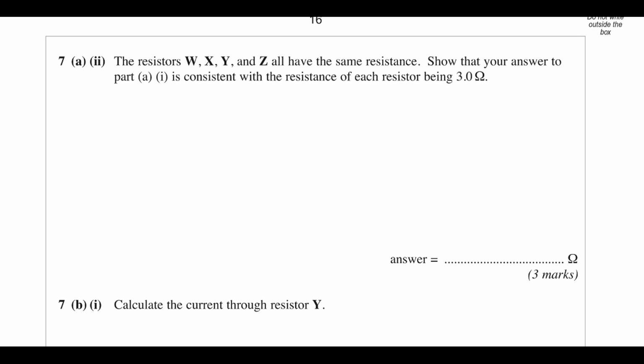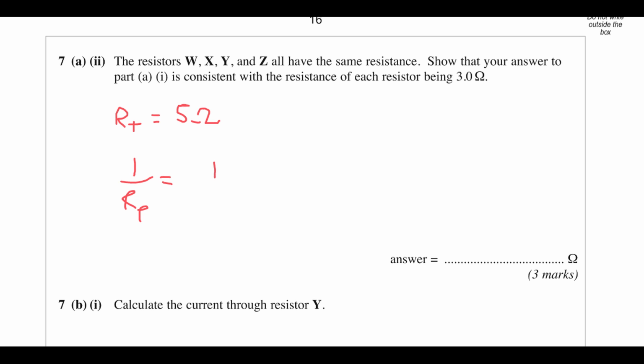So we've got the parallel ones. So we know that total resistance is 5 ohms. So in the system, let's work out what the resistance of the parallel section is.